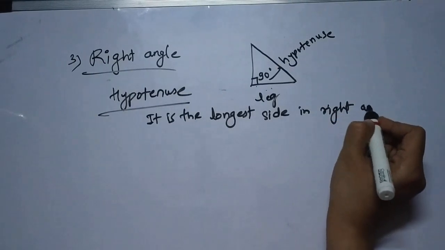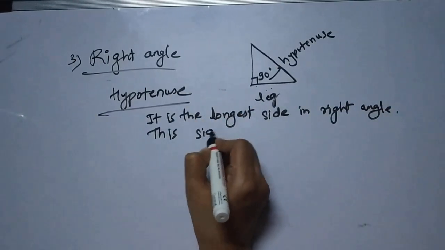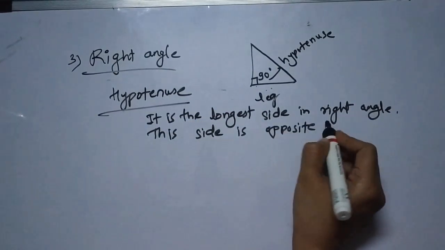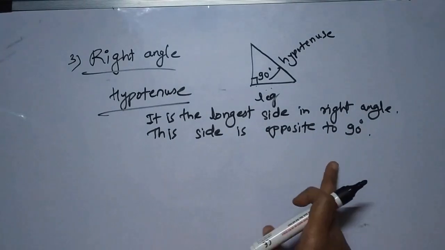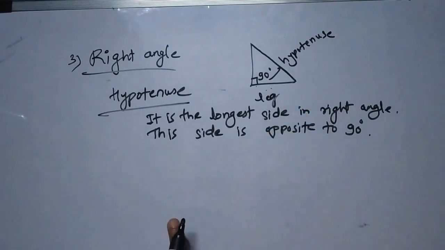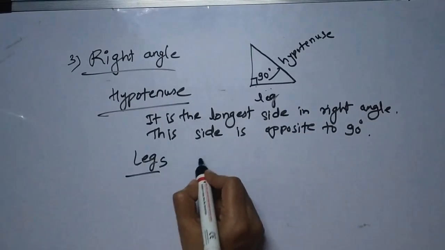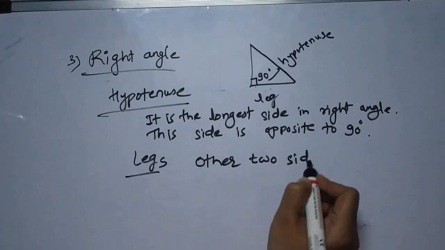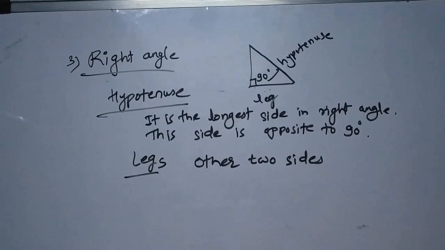This side is opposite to the 90 degree angle, and the other two sides of a right angle triangle are called legs.